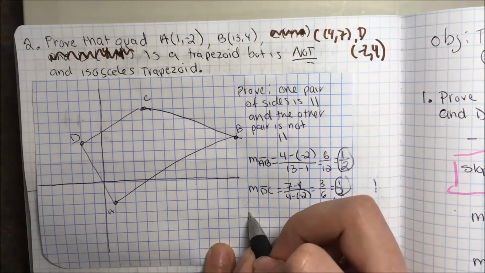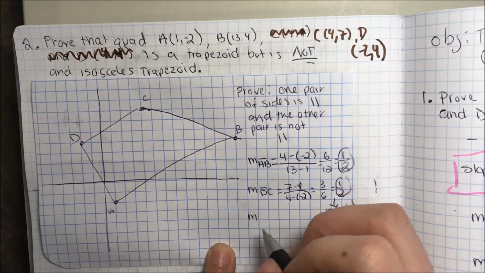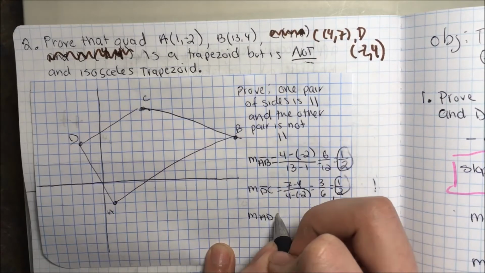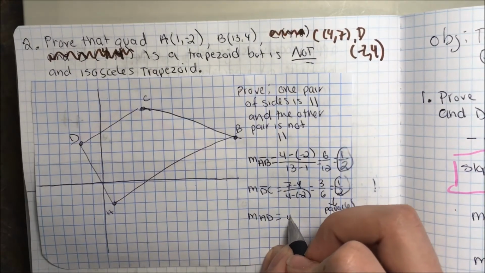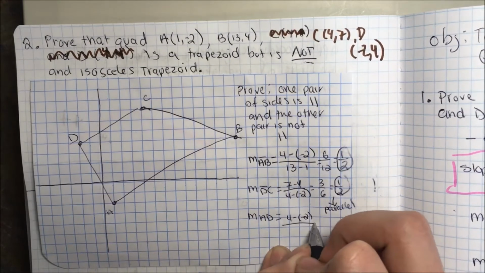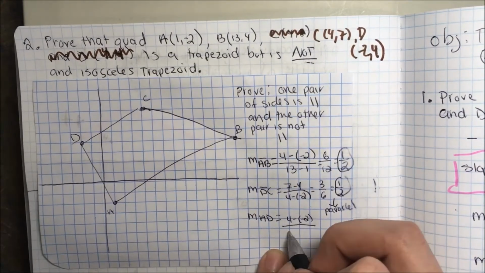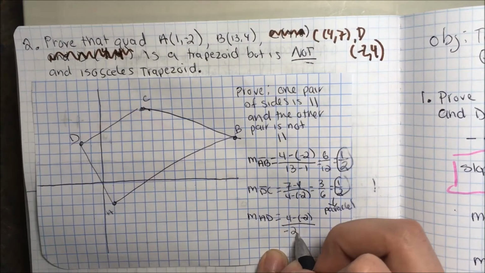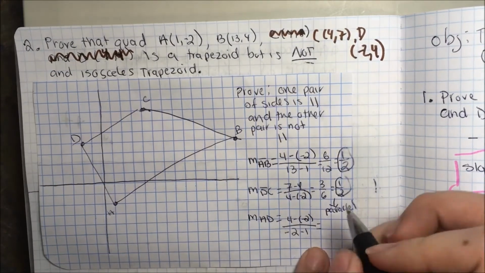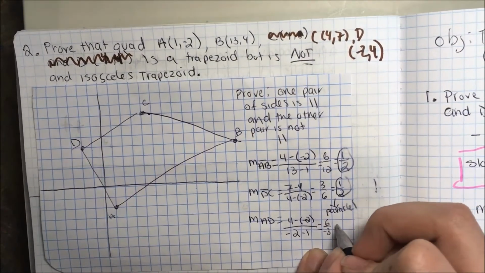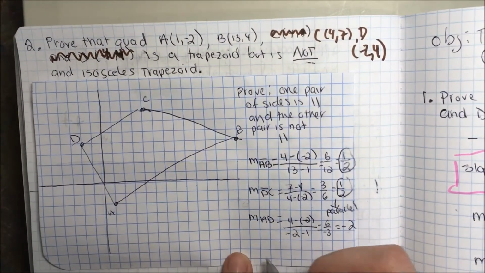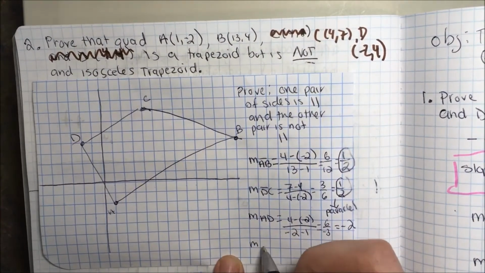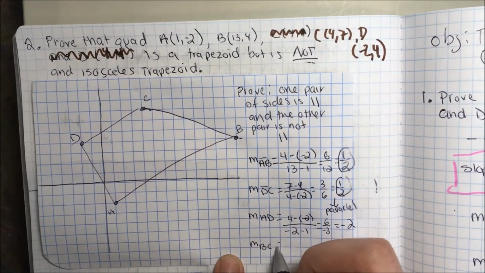So we need to find the slope of these two. So the slope of AD is 4 minus negative 2 over negative 2 minus 1. And we get 6 over negative 3, or a negative 2. So now we need to find the slope of BC.